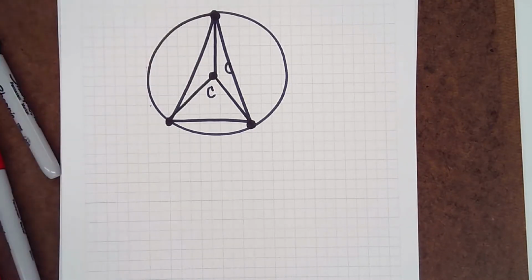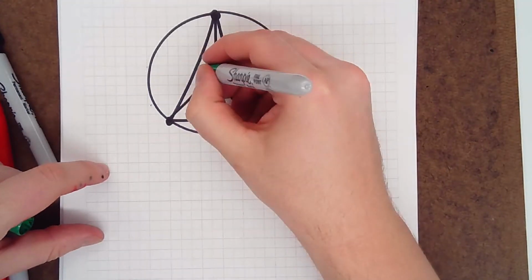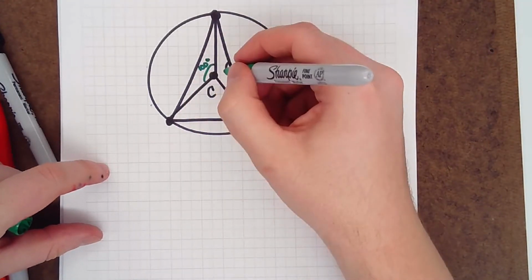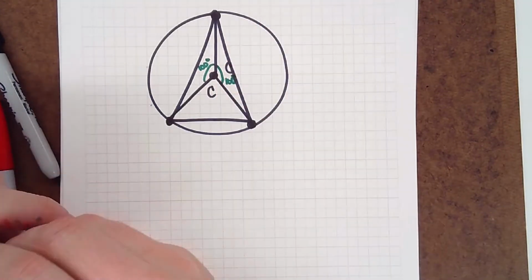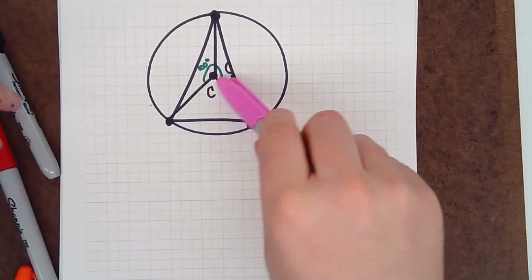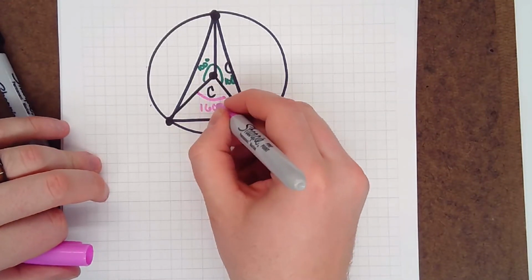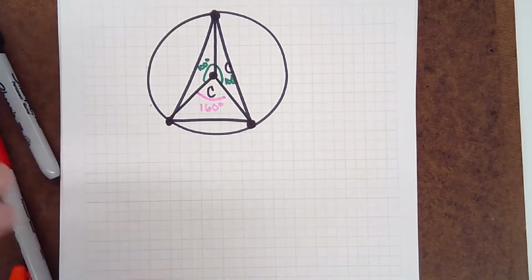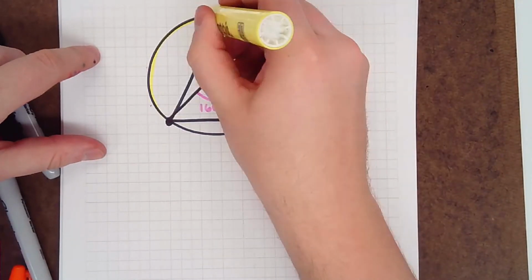So if I know that this angle right here is, I don't know, 100 degrees, and this angle right here is 100 degrees, and this angle right here, well, it's going to be 360 all around, so maybe that's 160. I can tell that this arc right here is going to be 100 as well, because this is a central angle.